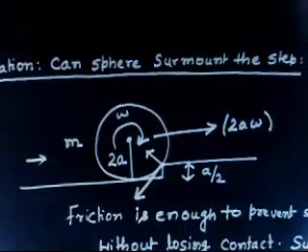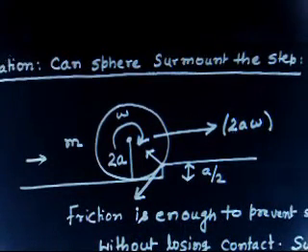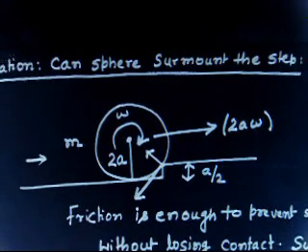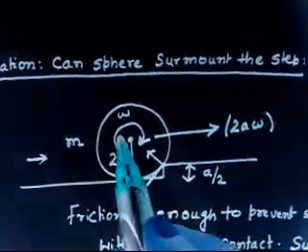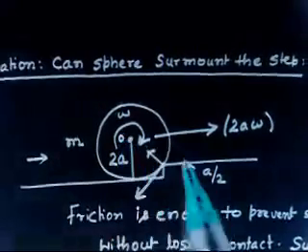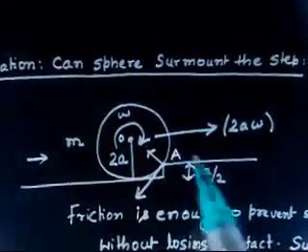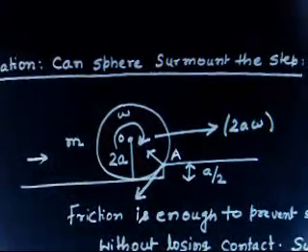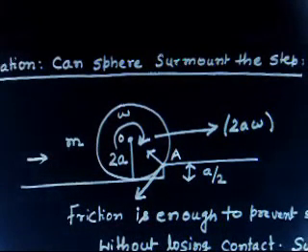Now if I want to use conservation laws, let us say angular momentum conservation, from which point should I take the angular momentum? Let us call this point O, this point A. So at which point should I consider the angular momentum?